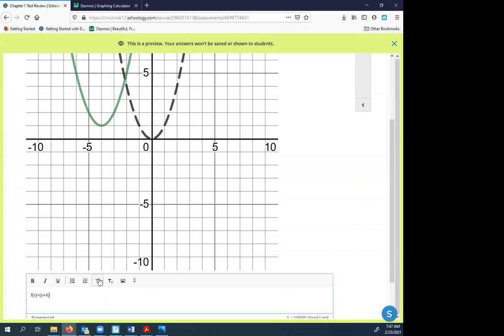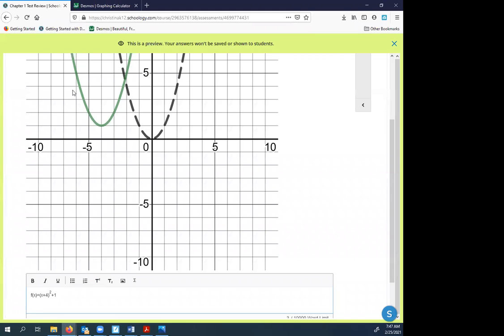I can use this little superscript here to put a squared up there, or you could just hit caret 2. I will read that as a square. And then it went up 1, so plus 1. So f of x is equal to x plus 4 quantity squared plus 1.